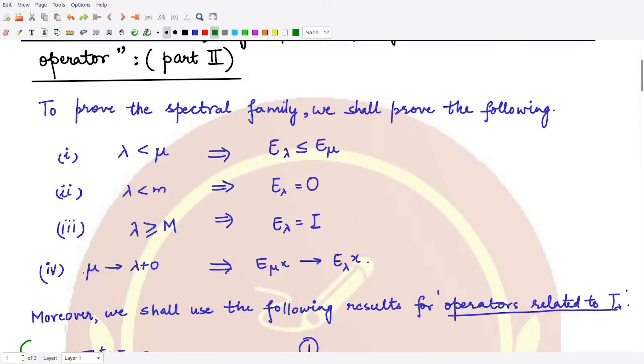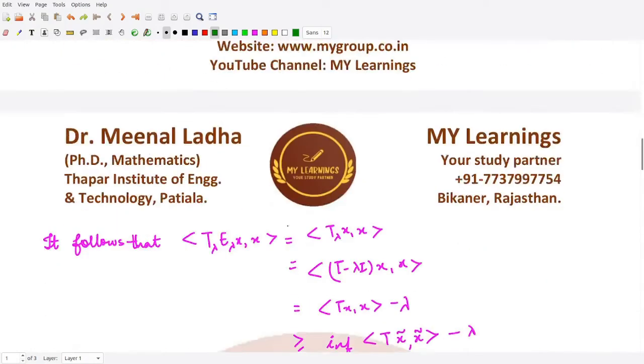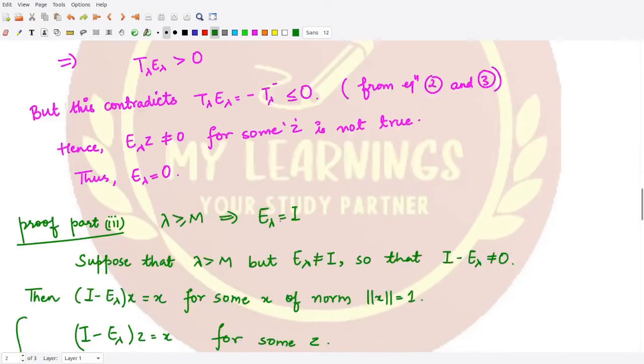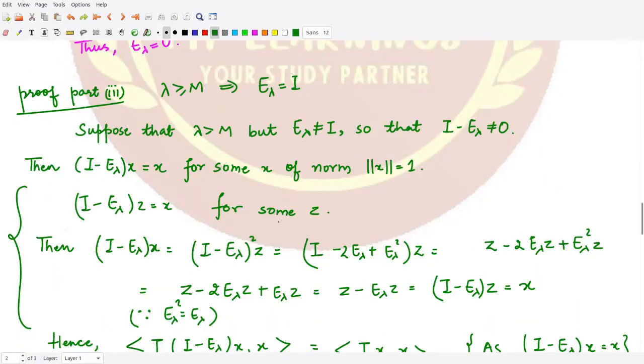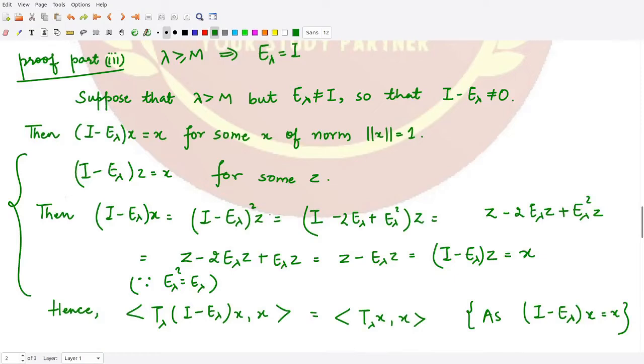Similarly, we'll be proceeding for part 3 here. For part 3, let's see what we have. Here we assume that lambda is greater than or equal to m, and we will prove that E lambda is nothing but the identity operator. And again here, we'll be going by the method of contradiction.